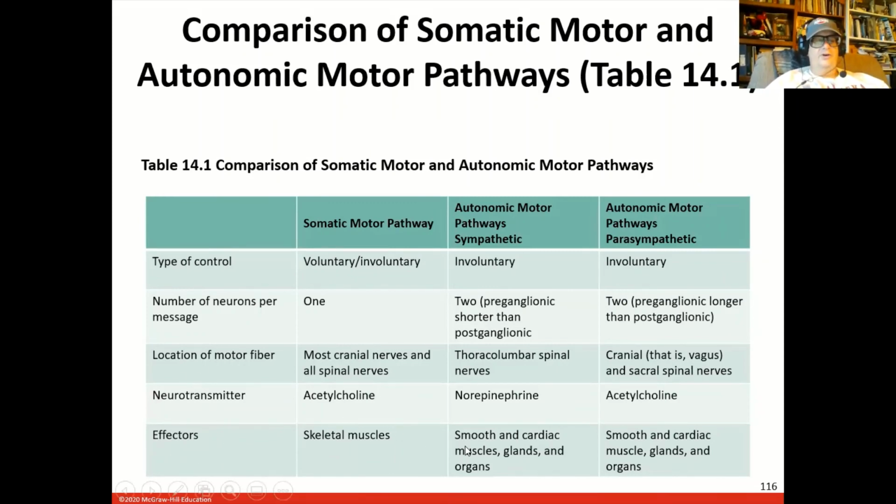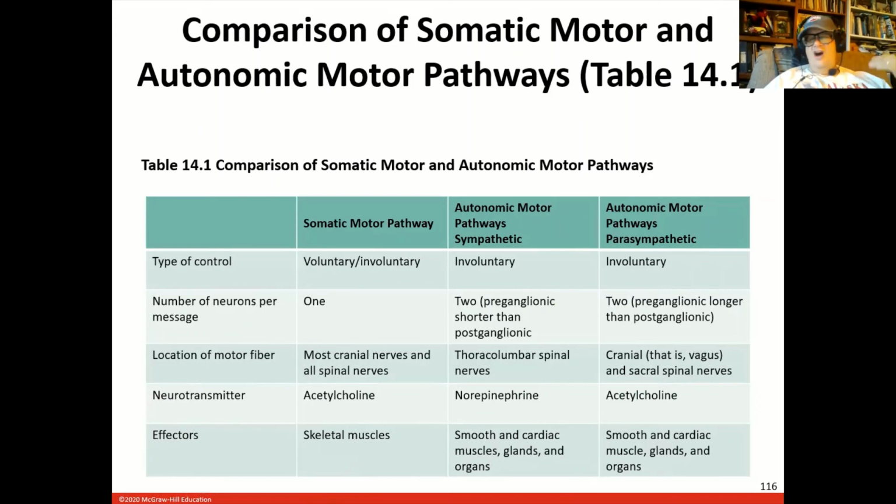Okay, so if we look at what the effectors are, the thing that's affected by nervous stimulation, if it's stimulation through the somatic motor pathway, we're talking skeletal muscles, which are parts of somites, body segments. If it's the smooth muscle, the cardiac muscle, glands, internal organs, that stuff is always autonomic.